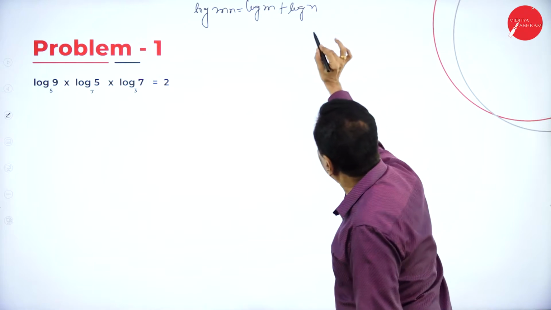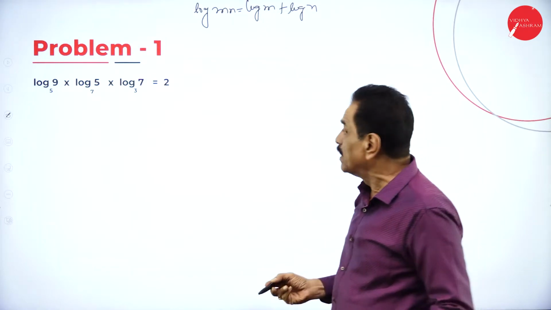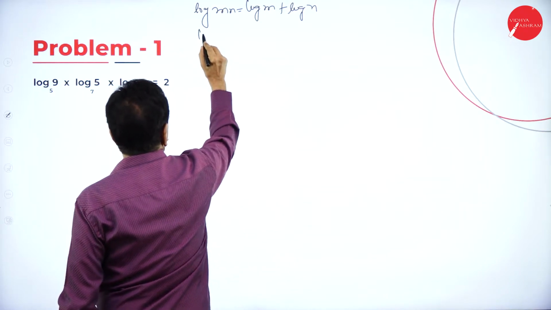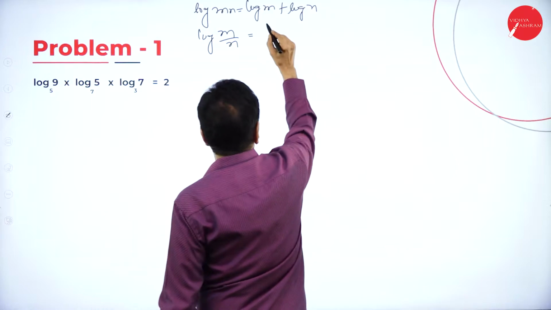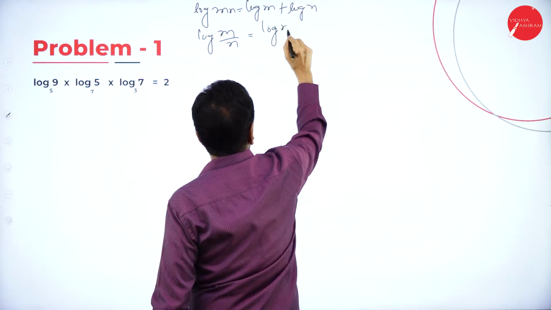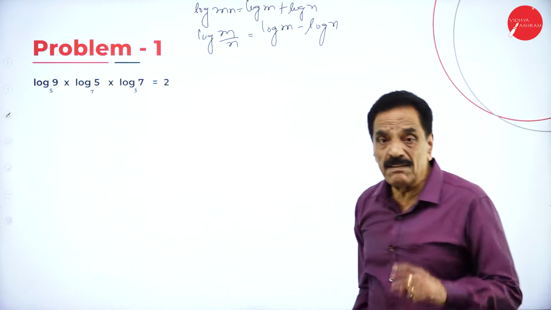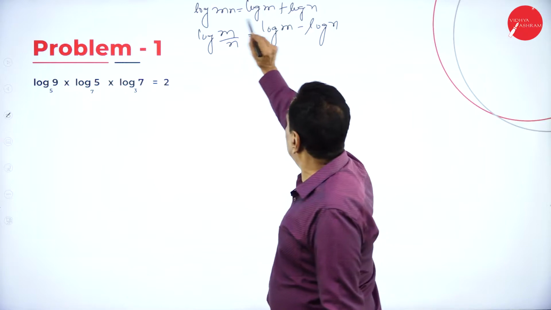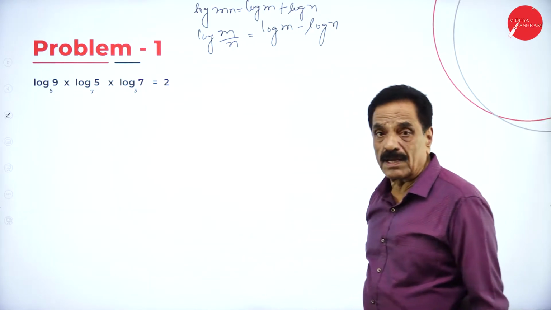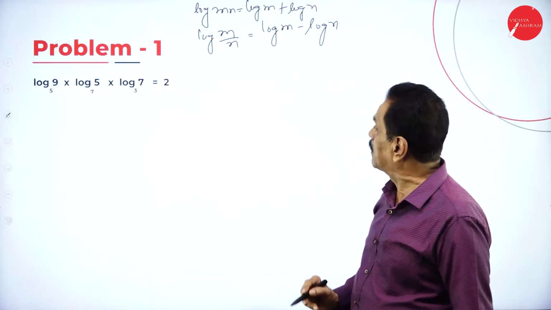Then log m divided by n can be written as log m minus log n. So division means minus, minus means division. Log mn is equal to log m plus log n. Log m divided by n is equal to log m minus log n.